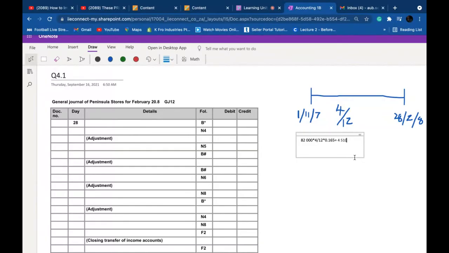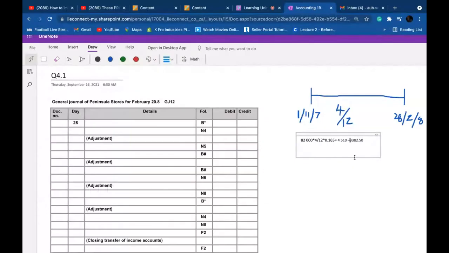Can you see this 4,510 is more than the interest on fixed deposit that we see in the pre-adjustment trial balance? Can you see in the pre-adjustment trial balance, we have an amount of 3,382 and 50 cents?